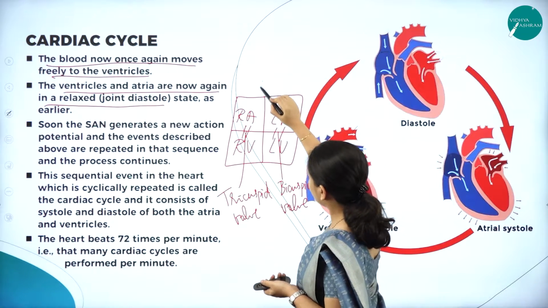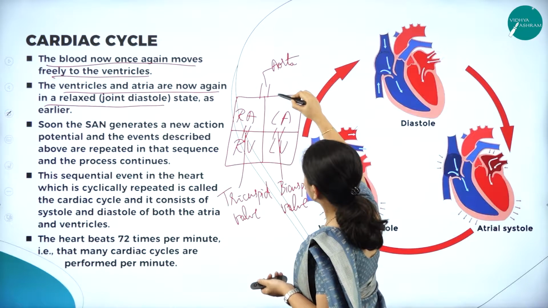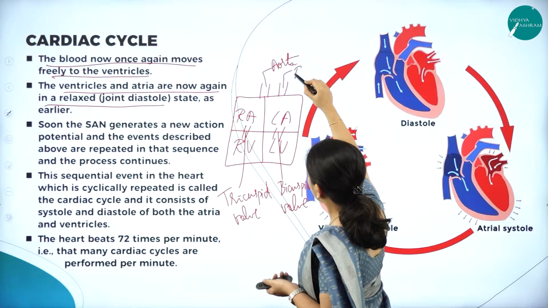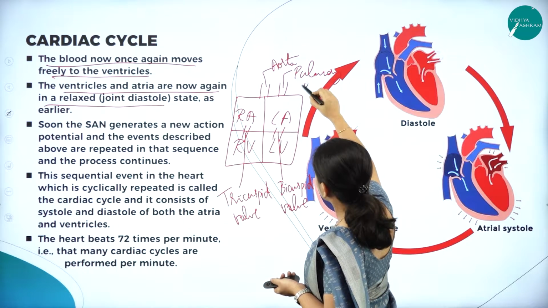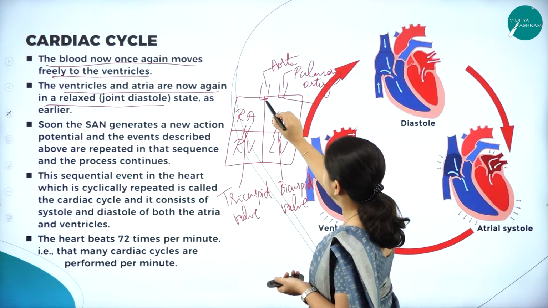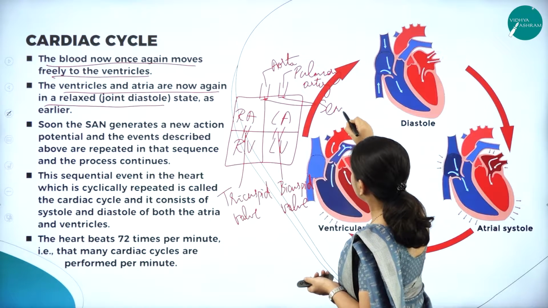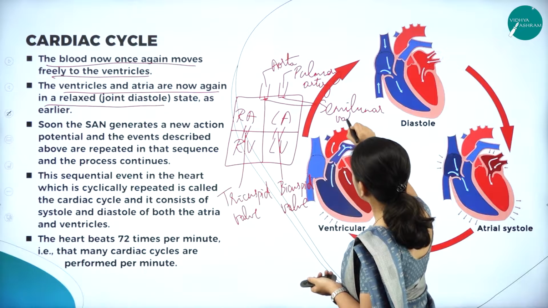Now what happens here? We had studied about the aorta, then the pulmonary artery or vein, and there was a flap present in these two, which was called the semilunar flap or semilunar valve.